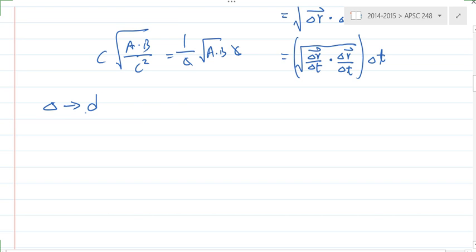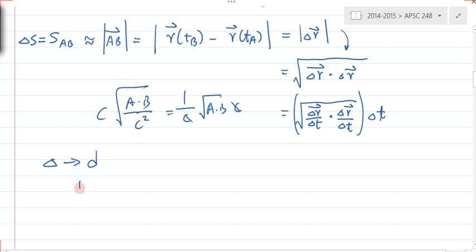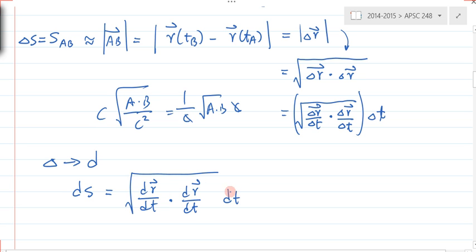So ds equals dr over dt dot dr over dt, times dt. Does that make sense? That's a good approximation. We're not skipping any steps here.